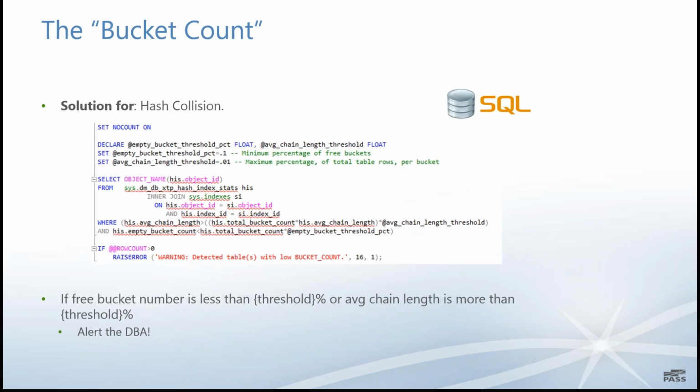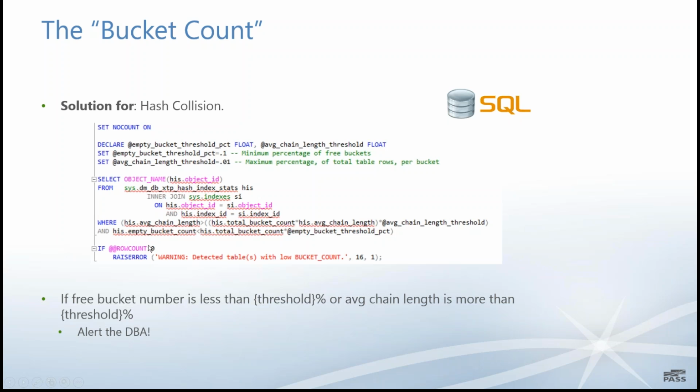I built this T-SQL script based on these DMVs. Basically, I set here a minimum percentage of free buckets and a maximum percentage of total table rows per bucket. This way, when we pass this threshold that I defined here, I put here 10% and 1%.